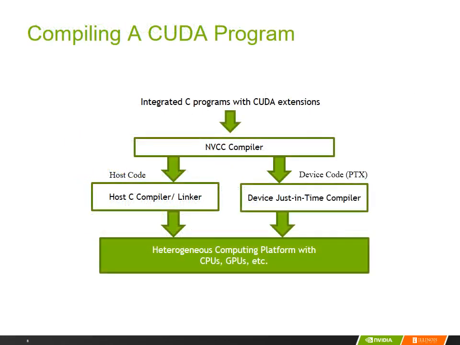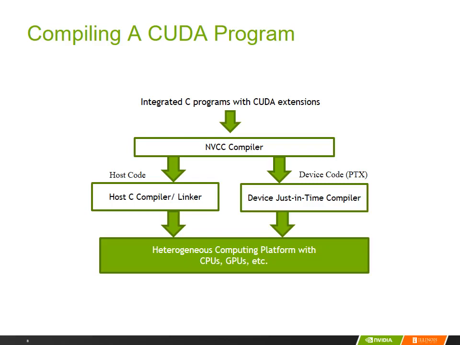Now that we know how to declare host functions, kernels, and device functions, we are ready to look at how we can compile a CUDA program for execution. On top of the figure, we see that the CUDA code is an integrated C program with CUDA extensions. Some of these functions will be kernel and device functions.